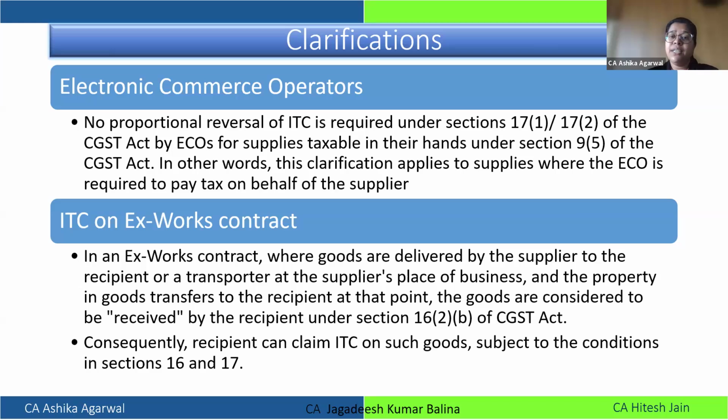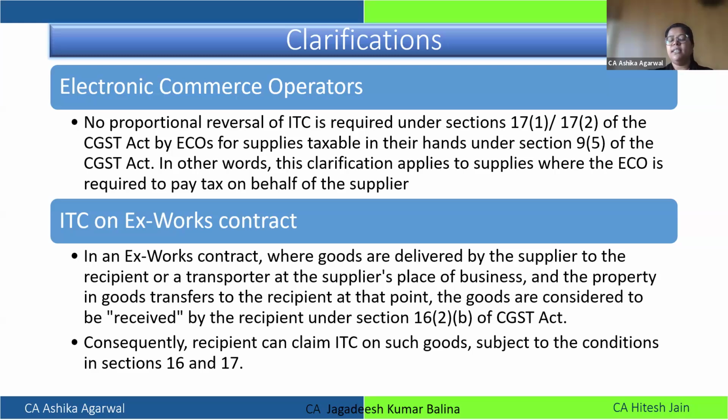But when we come to 17(3), when we read about the value of exempt supply, they also said that even the outward supply covered under RCM also needs to be included in order to reverse the input tax credit which has been availed.